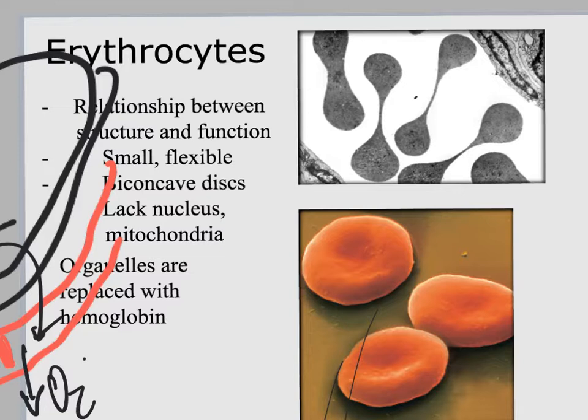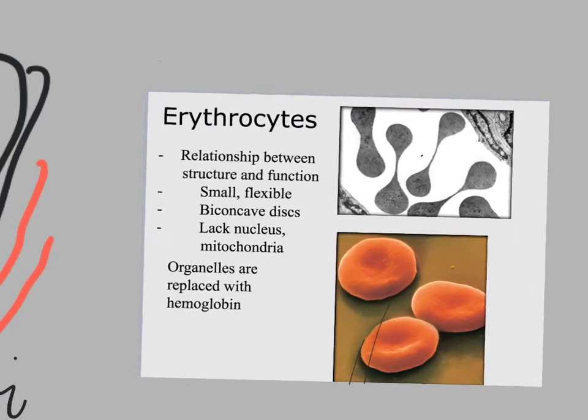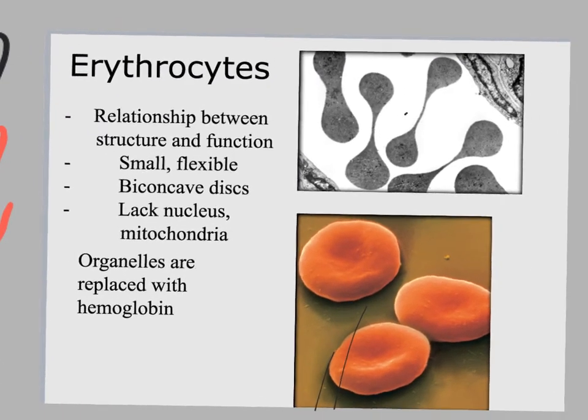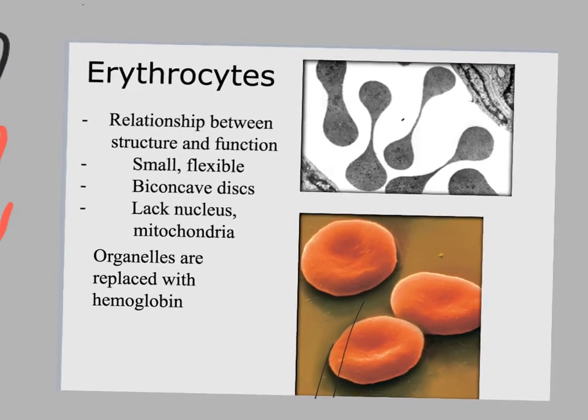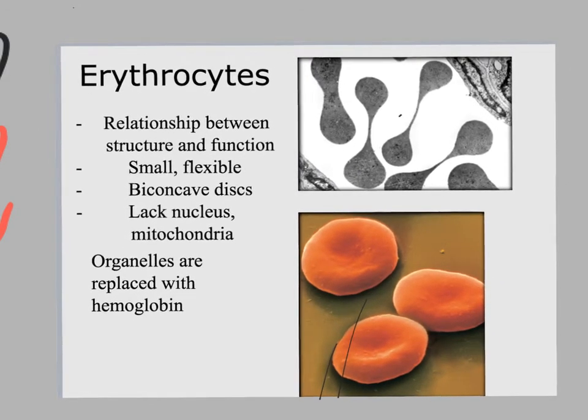A lack of a rigid cytoskeleton. All right? Those things allow diffusion to occur fast, the high surface area to volume ratio, and then with that, we've replaced all the organelles with hemoglobin.